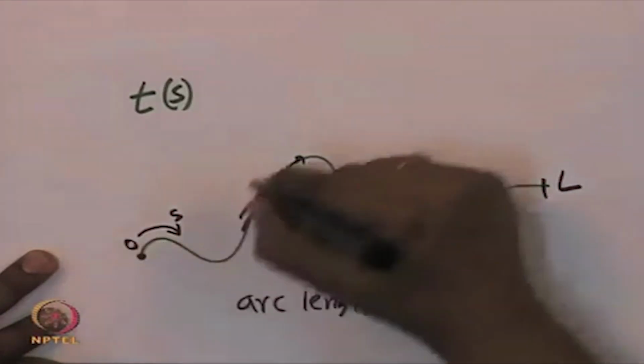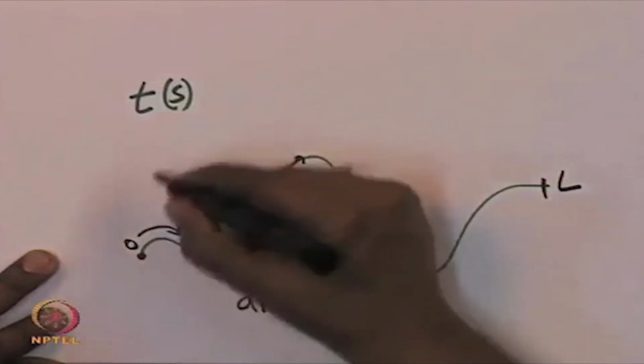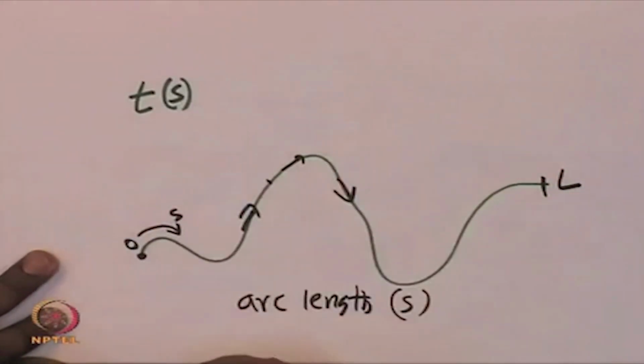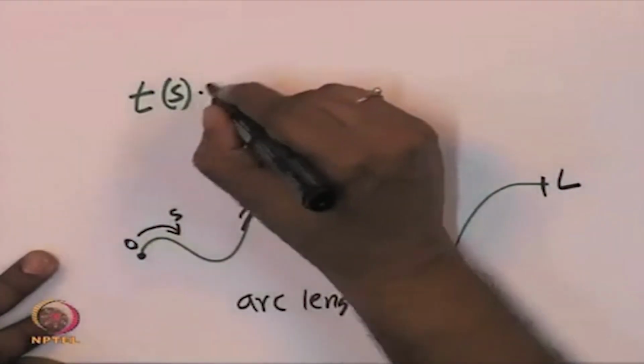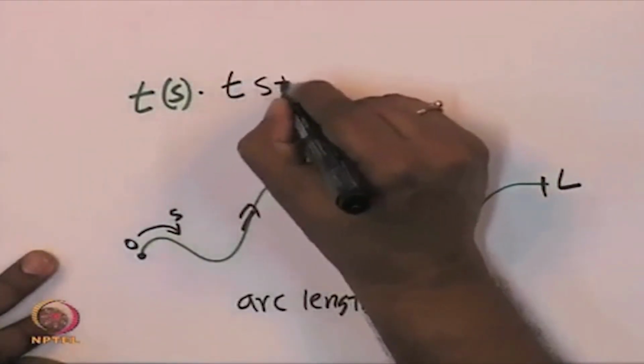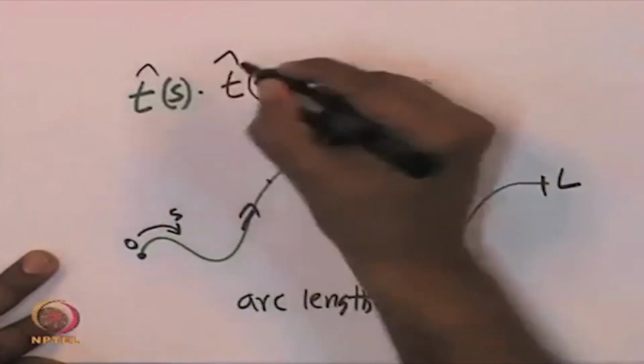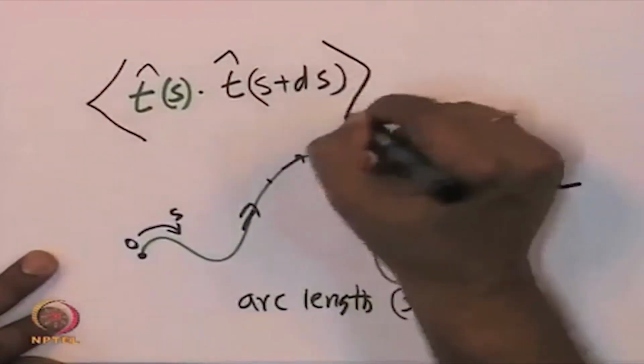Basically S is the distance from one end of the DNA to any point, and if you take some other point at distance d s and find the dot product of these and average it.